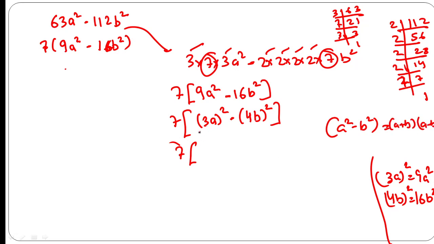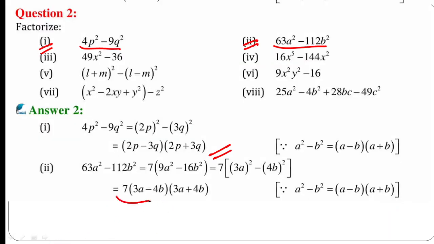The value of a is 3a and the value of b is 4b. So a plus b is 3a plus 4b, and a minus b is 3a minus 4b. So that is your required answer, 7 into 3a plus 4b into 3a minus 4b.